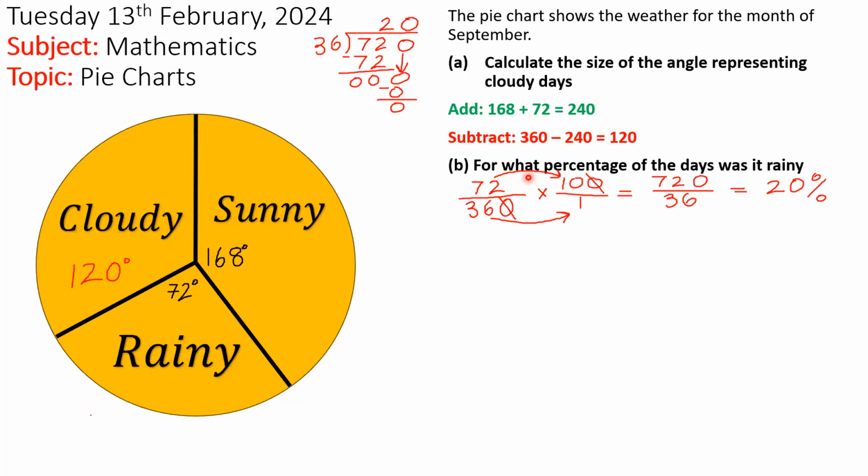Then you cancel out the 0 in 100 and the 0 in 360. And now you multiply 72 times 10, which gives you 720. 36 times 1 would give you 36, and you divide 720 by 36, which gives you 20%. Thank you. Good.